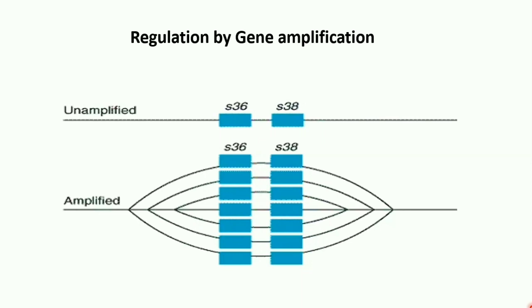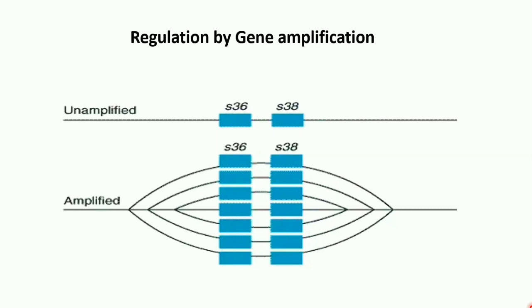Regulation by gene amplification. In this mechanism, the expression of a gene is increased several fold, in which the gene is repeatedly replicated to increase the number of copies of the gene. This increased number of copies of genes is then available for transcription.